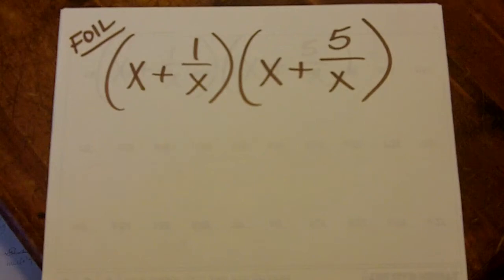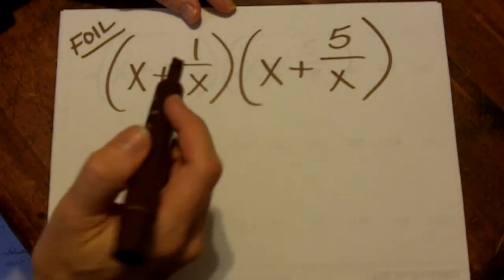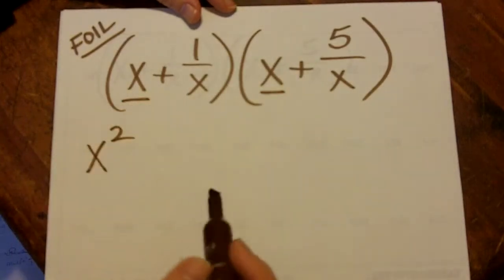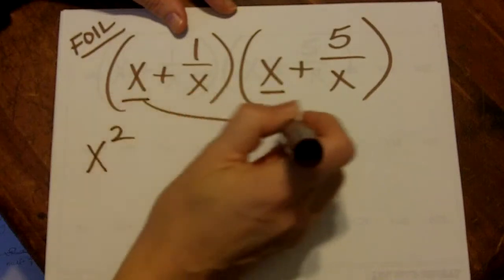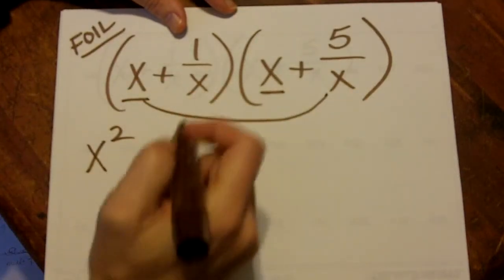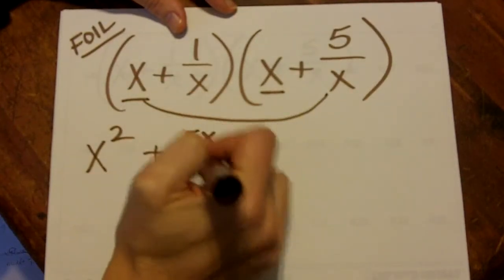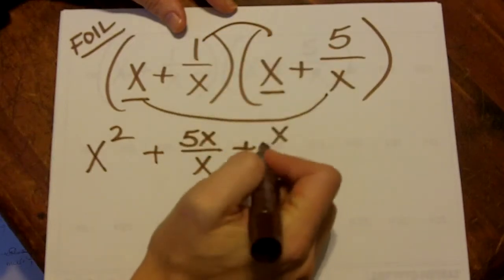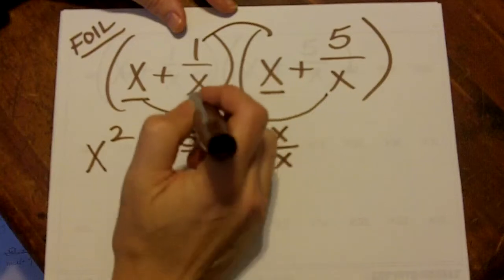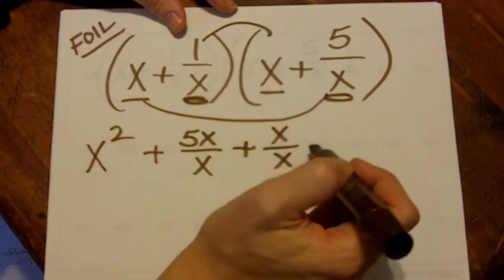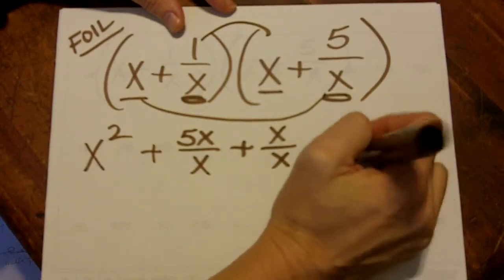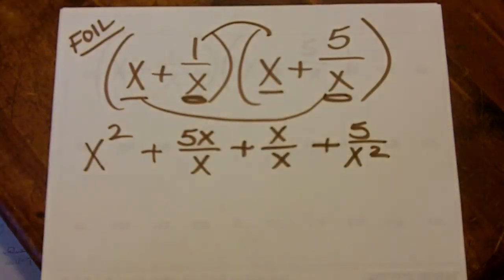Now one of the ways to solve it is simply by doing FOIL. If you did FOIL, then you would do your first times your first term, which gives you x squared. Then your outside term would give you 5x over x, your inside term would give you x over x, and then your last term would give you 5 over x squared.